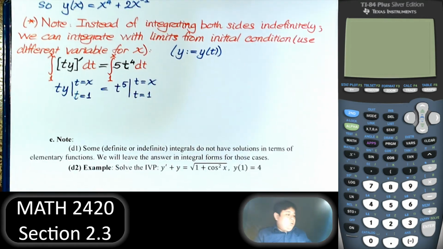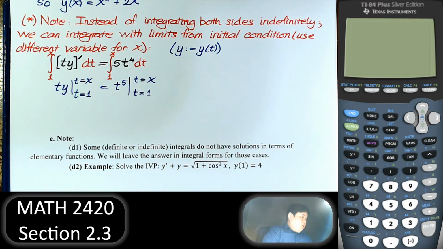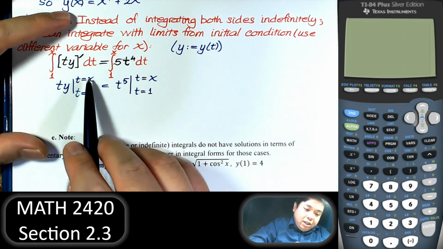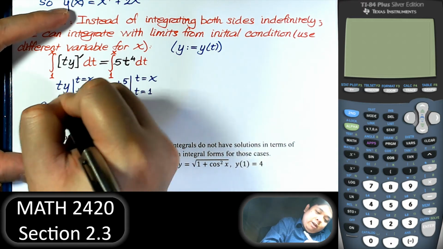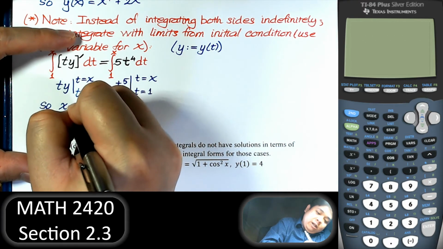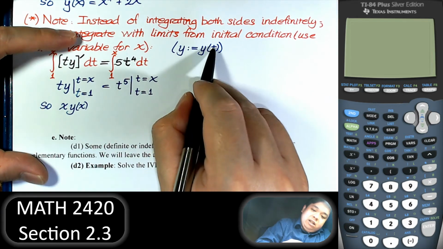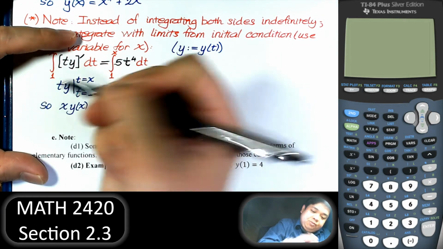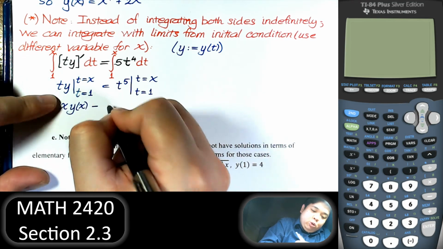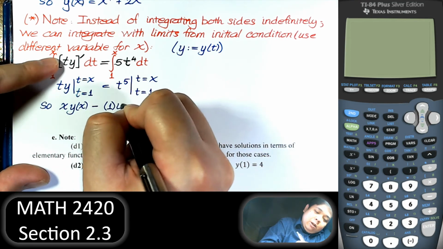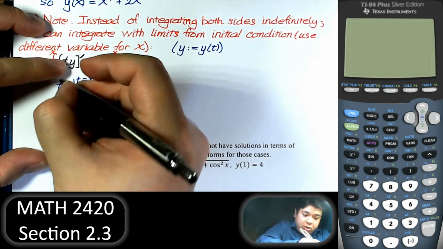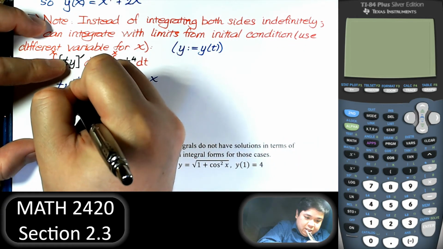So instead of doing indefinite integral, we do definite integral, where the lower value is the initial value and the upper value is just a variable x. Right. So I put x in here for t. So we have x, y of x. Again, this will be y of x minus, now we put 1 in for t, y of 1. To be more precise, we can say this is the function of t.